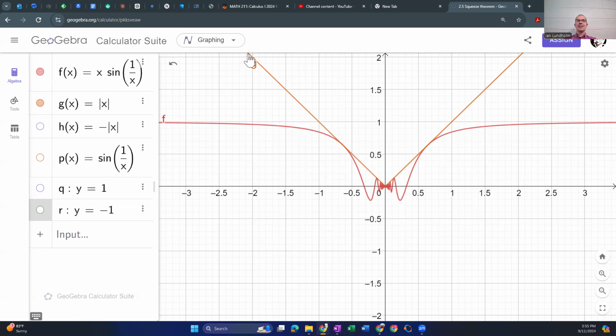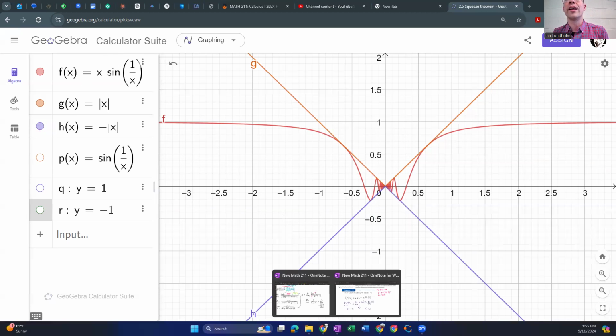So utilizing the absolute value of x keeps us on top of the misbehaving function, and likewise, the opposite of the absolute value keeps us on the bottom. Recognizing that sine of 1 over x oscillates between 1 and -1 gives us the idea to sandwich this function in between the absolute value and the opposite of the absolute value.